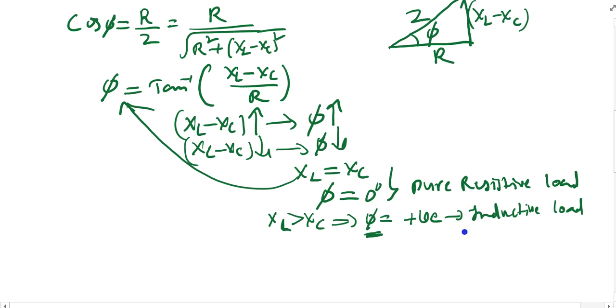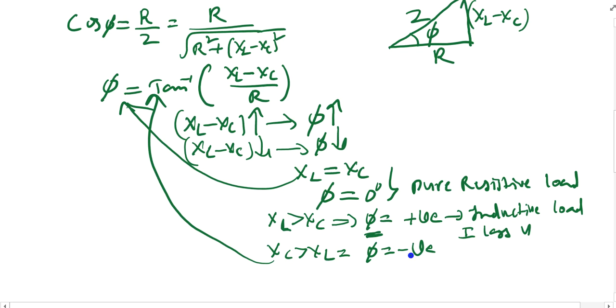So obviously my phi is coming positive, where my current lags voltage. If my XC is greater than XL, then my phi is negative. You can see from this diagram whether it is positive or negative. You can visualize these things.